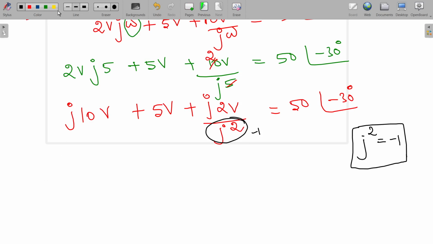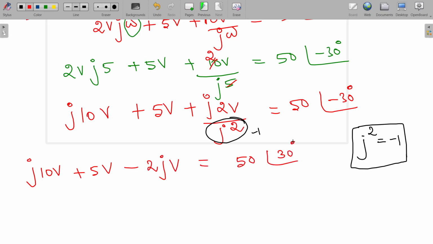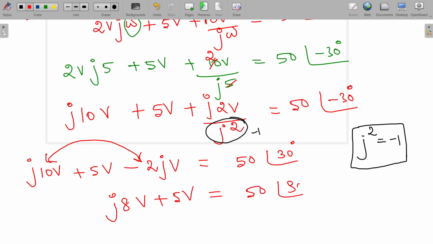So we can write this as j10V plus 5V minus 2jV, that is equal to 50 angle minus 30 degrees. Now we can combine these two terms which contain j. So this becomes j8V plus 5V, that is equal to 50 angle minus 30 degrees.